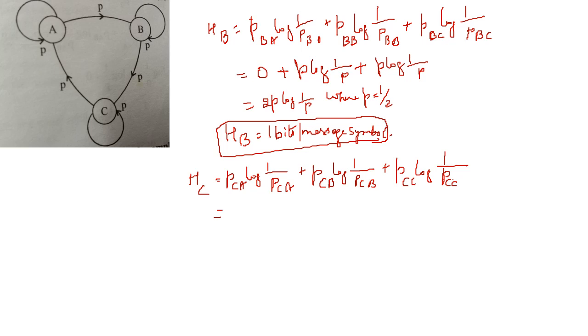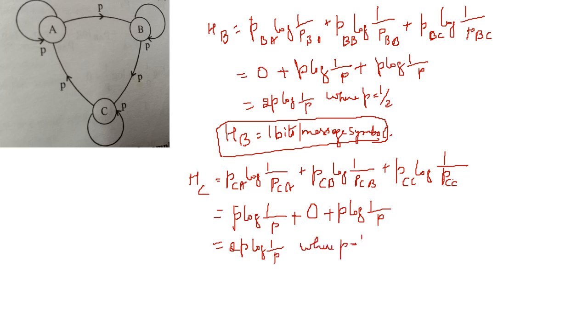C to A, it is equal to P log 1 by P plus, from C to B, we don't have any transition, so this will be equal to 0, and from C to C it is equal to P, so P into log 1 by P, which is equal to 2 into P log 1 by P, where P is equal to half, which we have already achieved. So again HC also will be equal to 1 bits per message symbol. So this is your HC now.